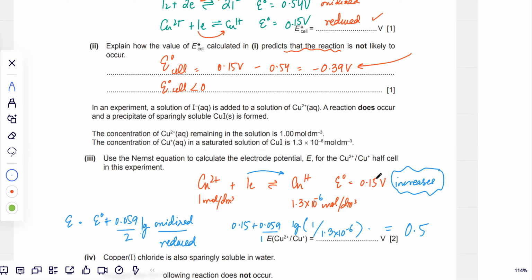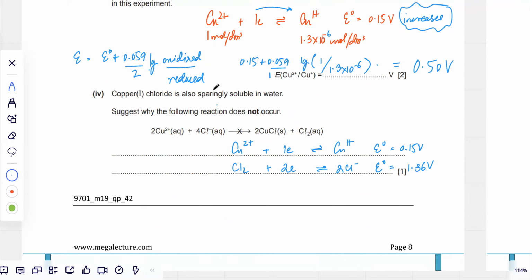Now, in this case, he's saying that even though they have similar solubilities, copper 1 plus would be very insoluble. So the copper 1 plus concentration is going to be very low. The equilibrium is going to shift forward. This is not going to be 0.15. It's going to be a high value. Let's make it 0.6 volts, right? Just like the previous case, it became 0.5 volts. I'm even increasing it further.